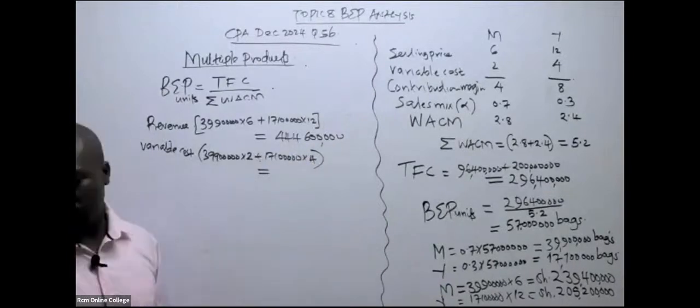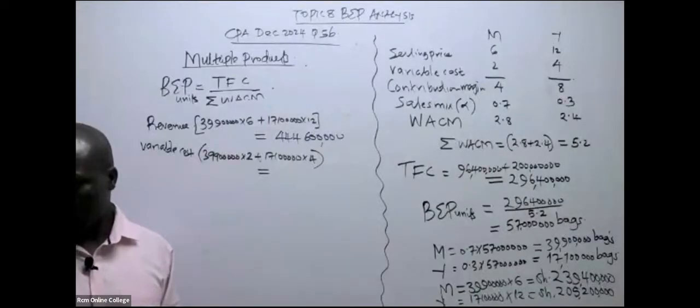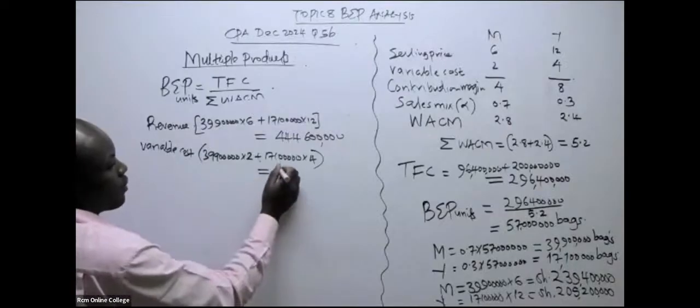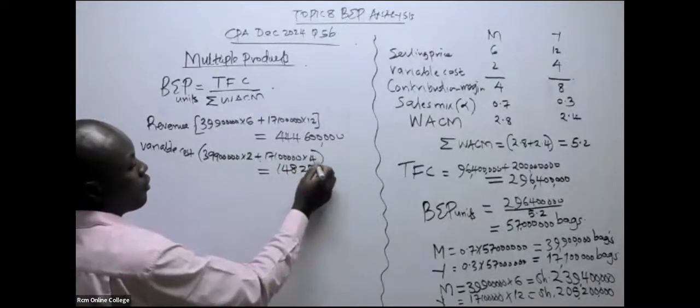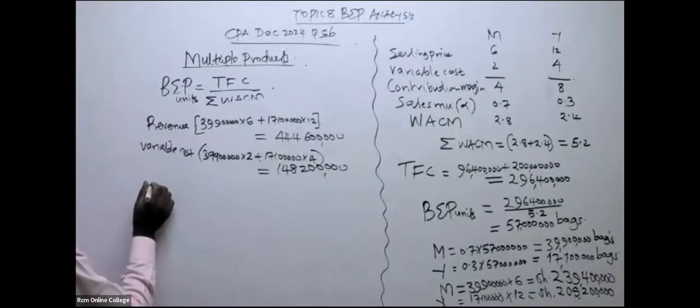How about variable cost? 148,200,000. Good. So when I deduct that, you'll get what you call gross contribution.